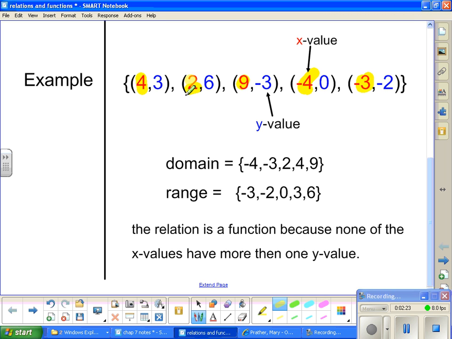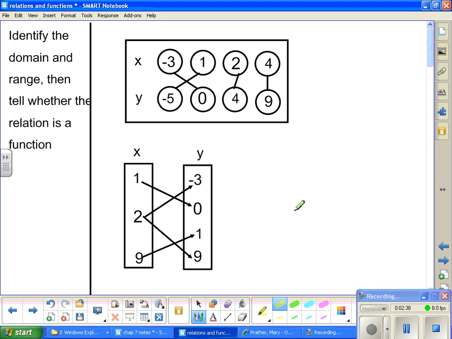I do have a 4 and a -4, but those are not the same values. So none of these numbers in red or highlighted are the same number. So this is a function. Okay. So again, this would be a good time to pause and copy. Okay, everybody should have copied by now.